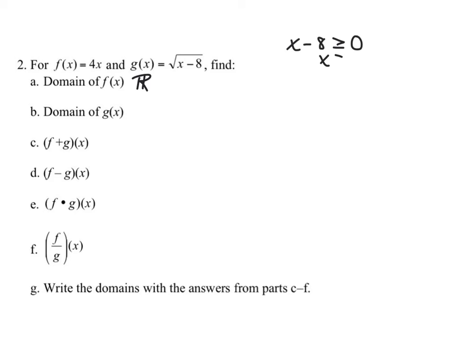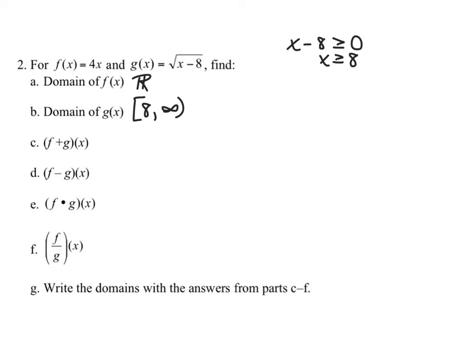So x is greater than or equal to 8. So my domain here is 8 to positive infinity. Okay, so for the first three operations here, my domain is going to be the intersection of all real numbers and 8 to infinity. So that means that this domain right here is where they will overlap one another.